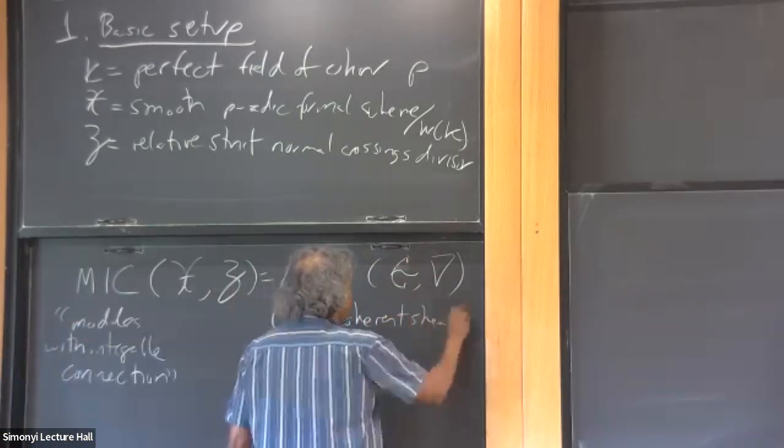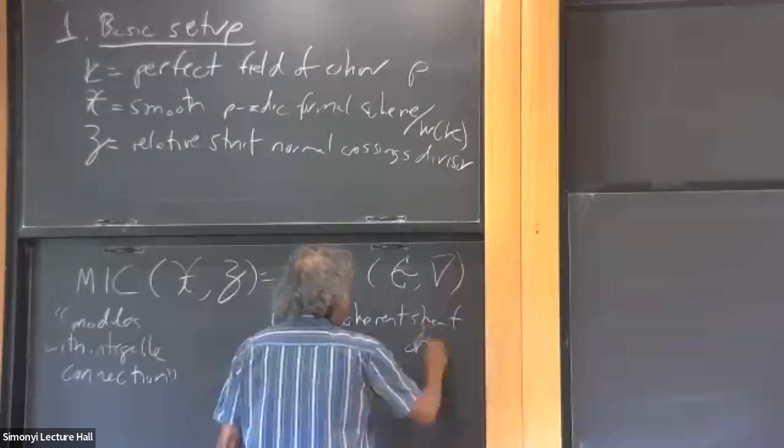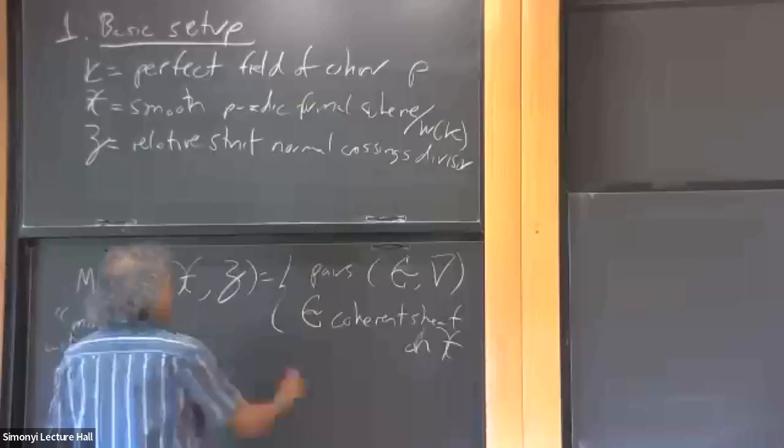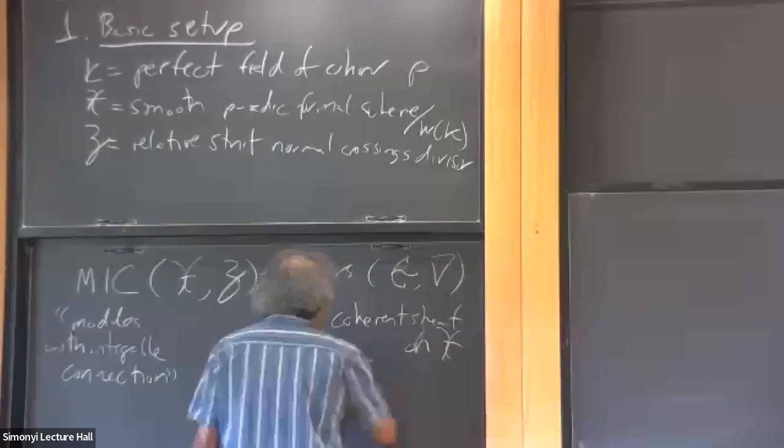So the fraktur E is going to be a coherent sheaf on here, and nabla is going to be a connection.